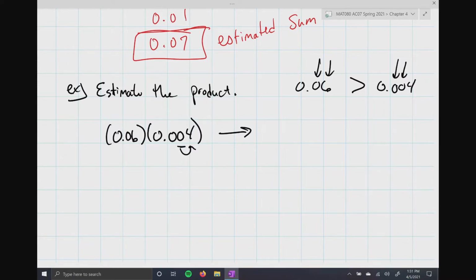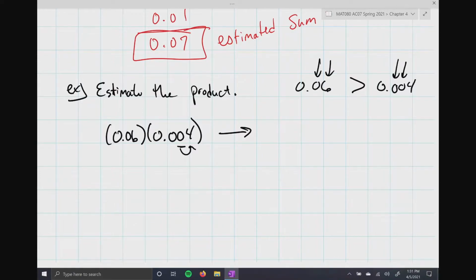All right? Which is, if we wanted to, we can estimate this product just by looking at what we have and say, all right, since I have 0.06, that's to the 100th position. The 0.004, that's to the 1,000th position. So I'm going to round to the nearest 100th just to give me an idea of what this should be.